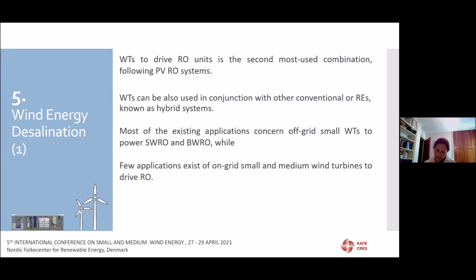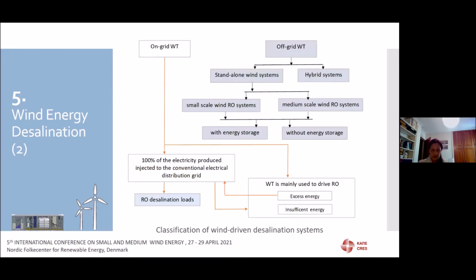Most of the existing applications concern off-grid small wind turbines to power seawater and brackish water RO, while only a few applications exist of on-grid small and medium wind turbines to drive RO. Wind-driven desalination systems can be classified into two major groups.